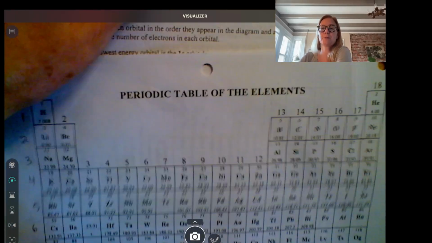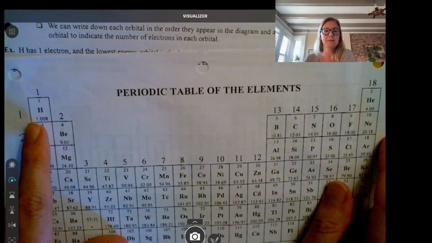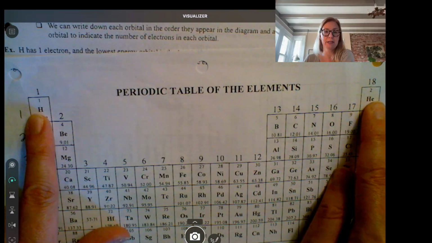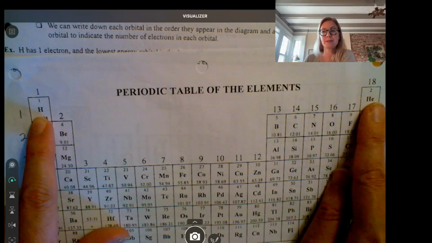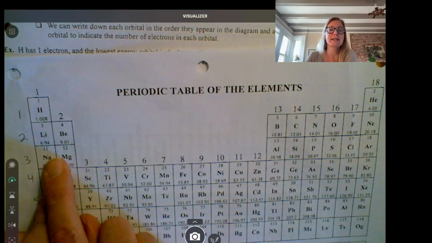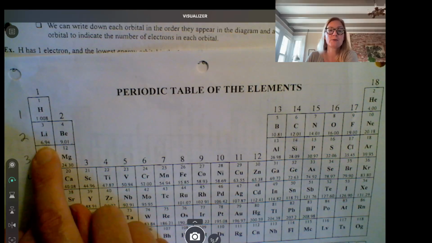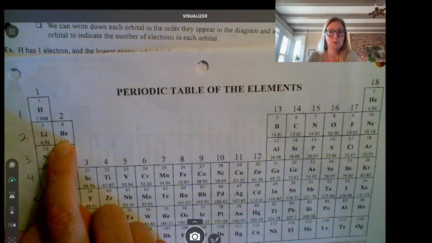That's why the first period only has 2 elements, an element with 1 electron and an element with 2 electrons. So this represents 1s1, this is 1s2. After 1s2, the 1st energy level is filled, so we go to the 2nd energy level. This represents 2s1 and 2s2.